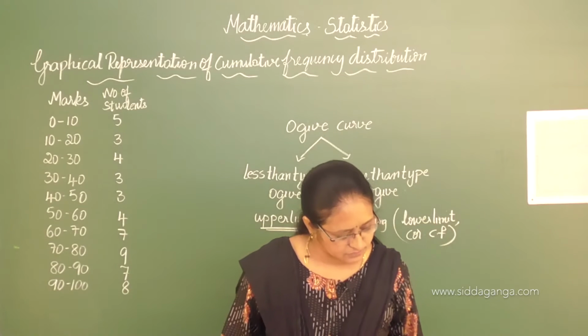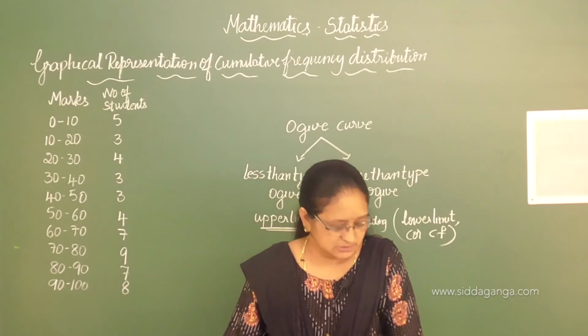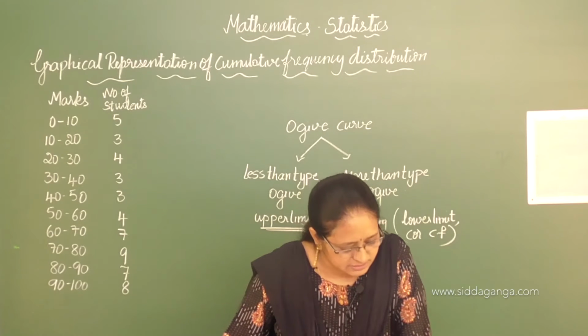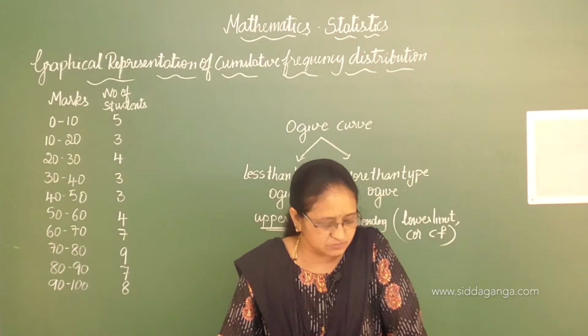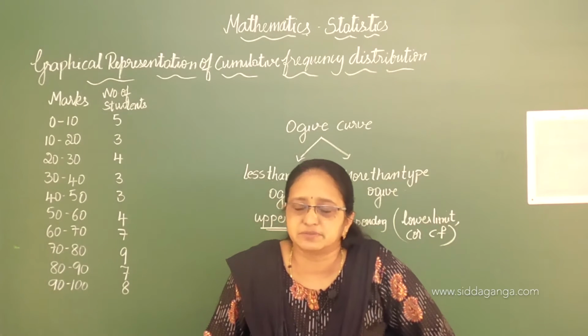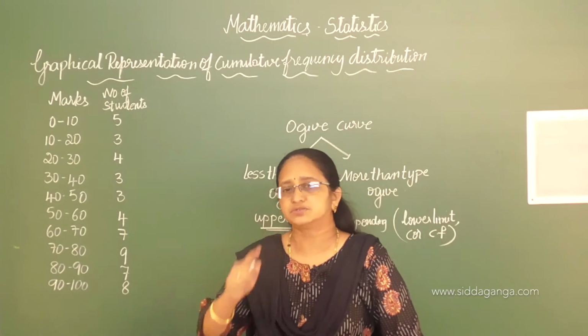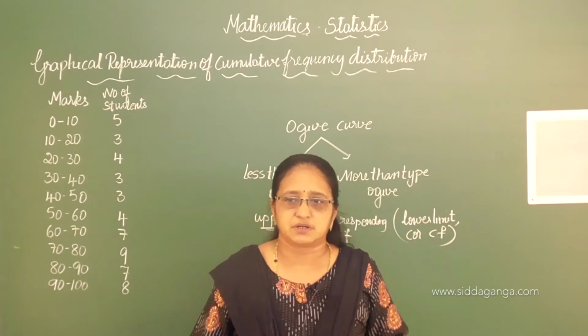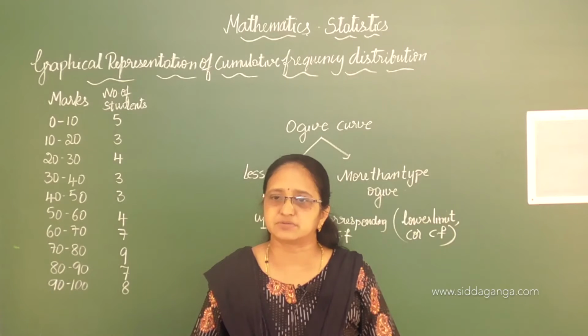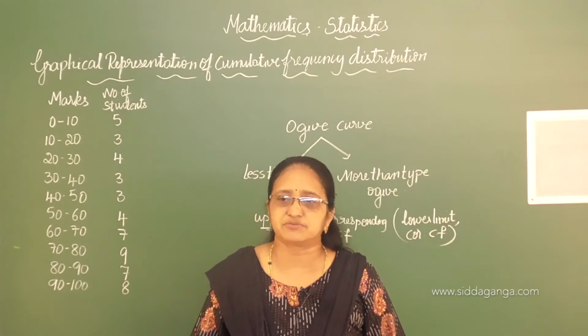The meaning of ogive curve is given in your textbook. Please read it. Ogive is derived from the word ogee. And here one more very important thing is that we are not using a scale to join those points. You have to join the points freehand.